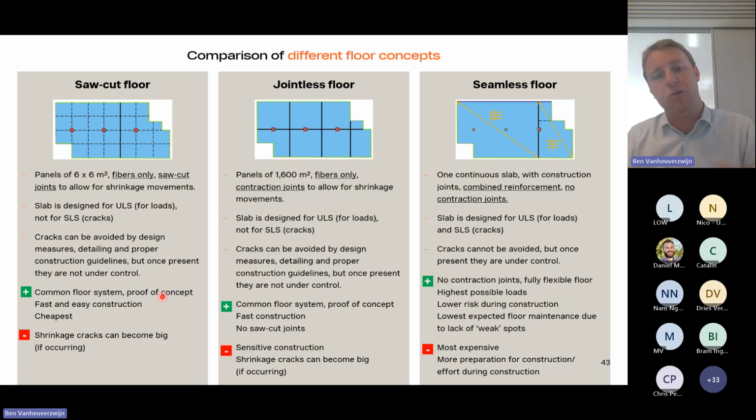You could have a large point load on a socket, which could have an impact on the thickness. So typically with a jointless floor, we can go a bit thinner in thickness and it can even be more economical than a socket floor in some cases. And then the seamless floor, as I explained, is unlimited. It can be 10, 20, 100,000 square meters without any opening joint, where we are combining rebar and fibers.